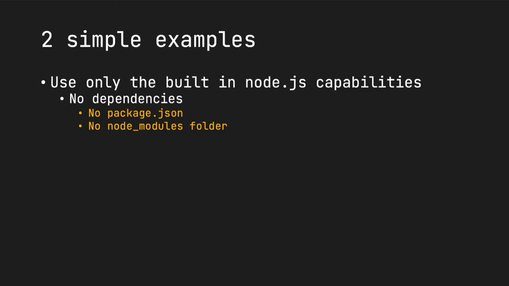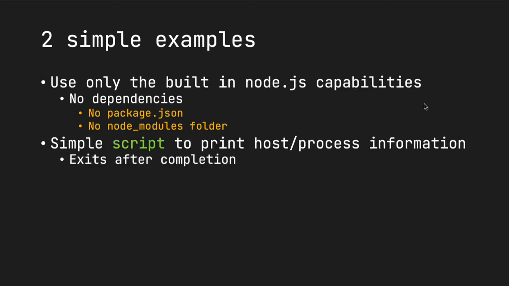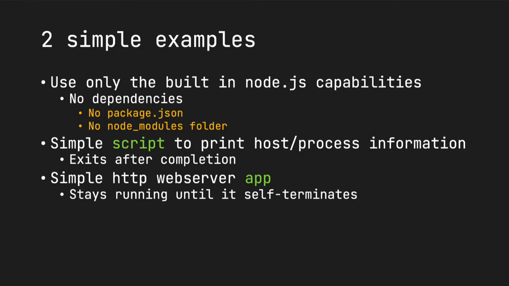Trying to focus on just what's built into Node.js from a debugging perspective to illustrate the point. And just to remind you, the first script which we just saw prints out host information and exits after completion. The second example is an HTTP web server, so it'll stay running until it self-terminates.